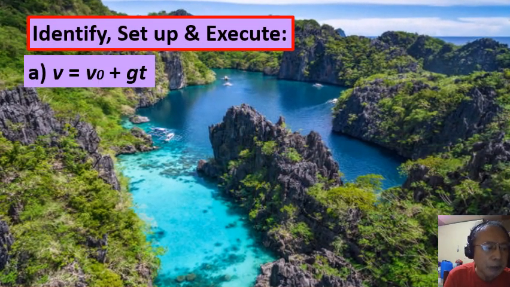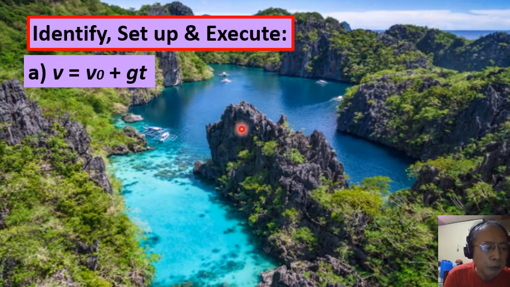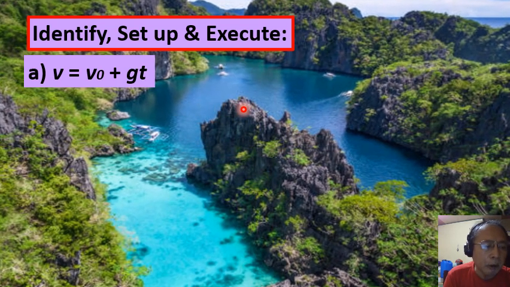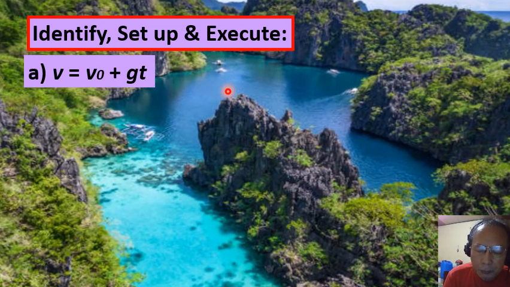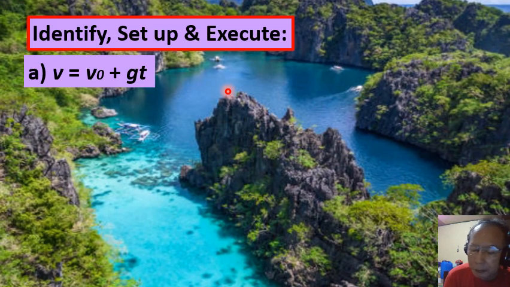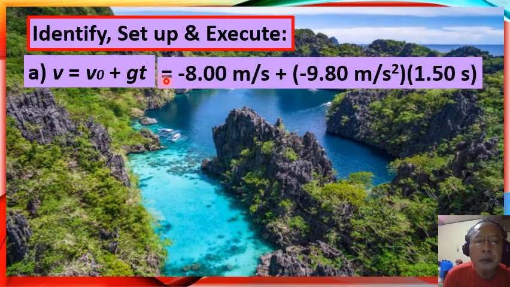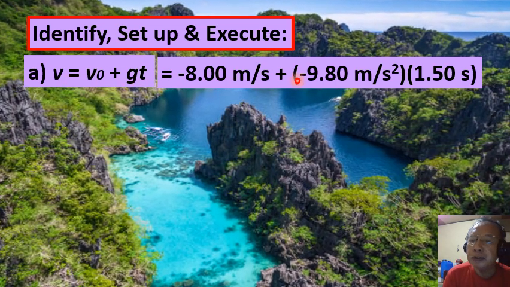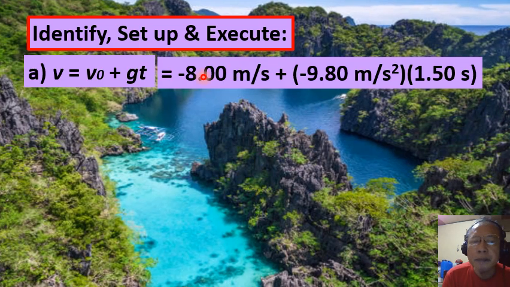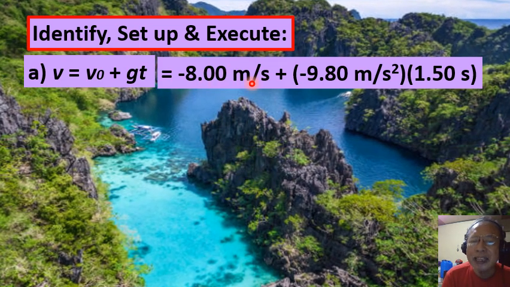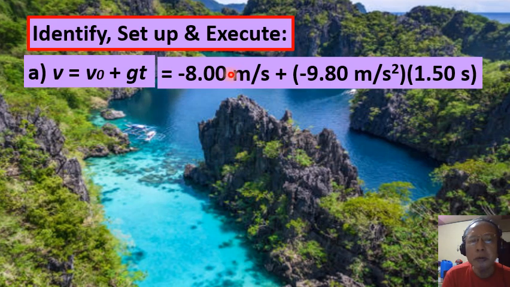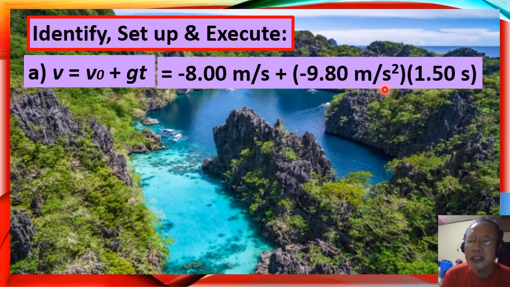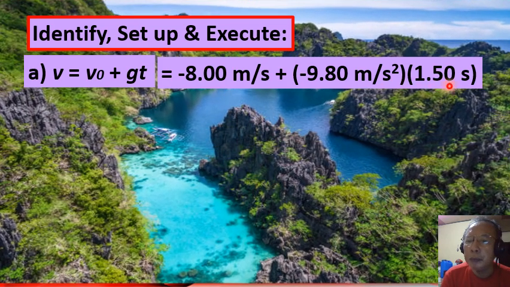So still in question letter A, we are also asked to compute the velocity of the stone after the same time of 1.50 seconds using the formula final speed equals initial speed plus gt. All right. So substituting the given quantities, we have negative 8.00 meters per second, that is the initial velocity of the stone, plus negative g, or negative 9.80 meters per second squared, multiplied by the time t, 1.50 seconds.